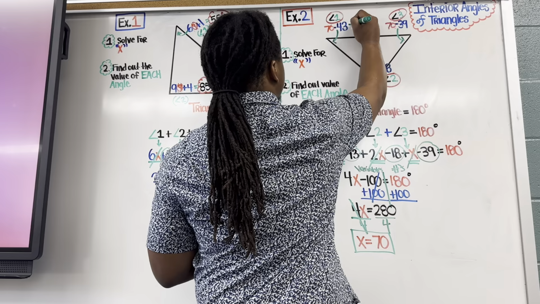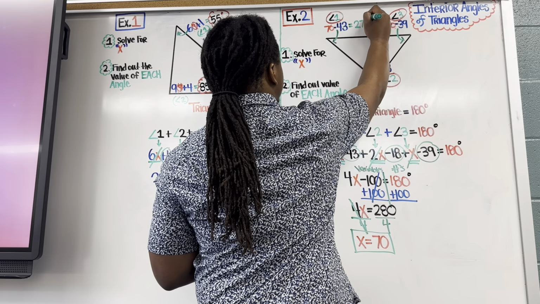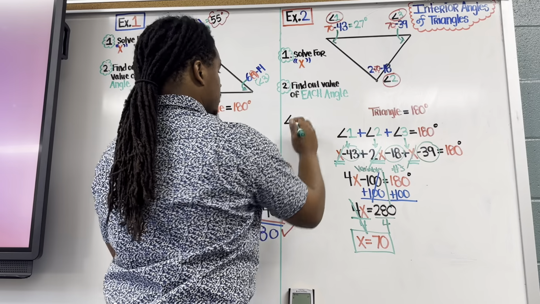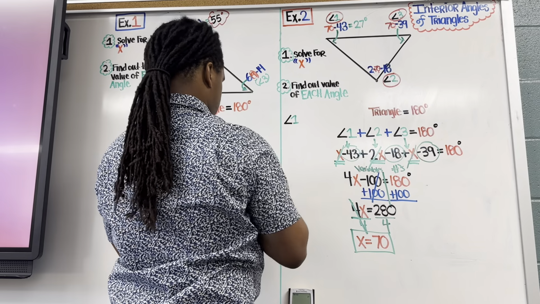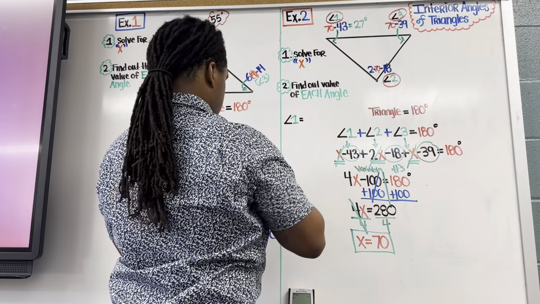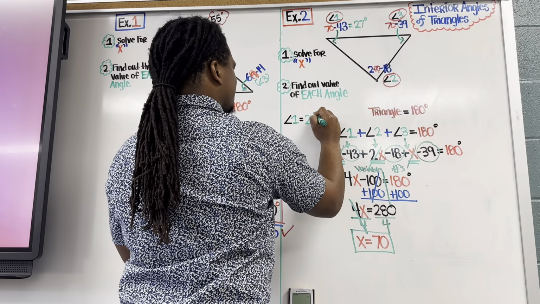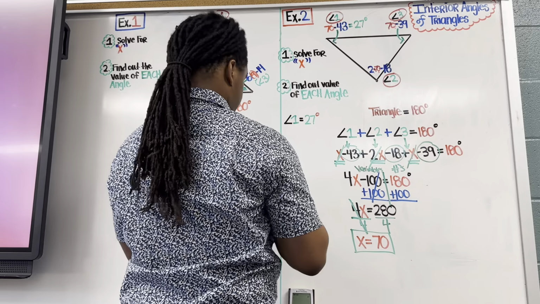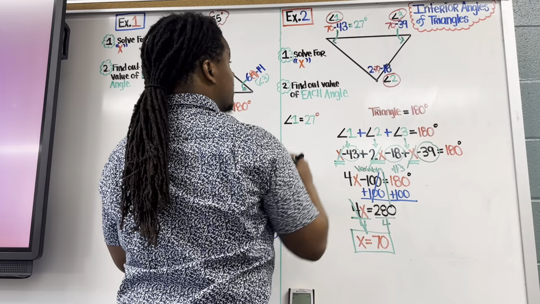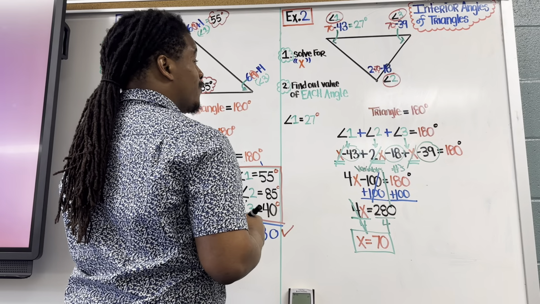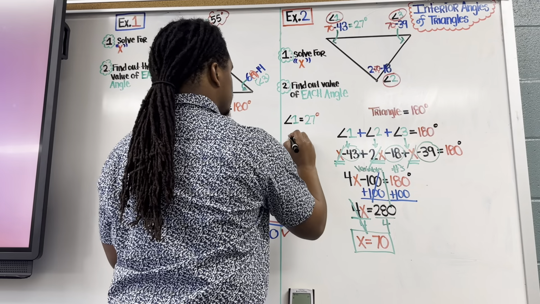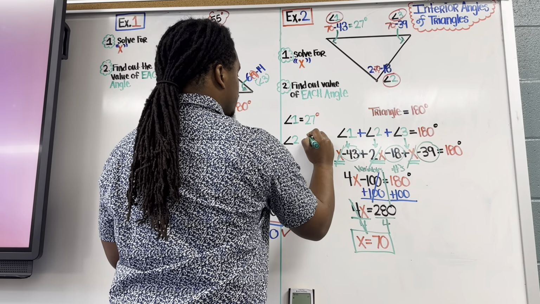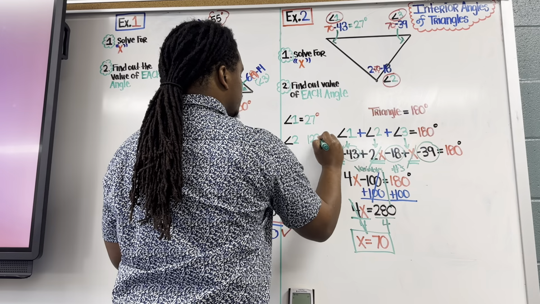So angle 1 equals 27 degrees. Okay? All right, angle 2 is 2 times 70, which is 140, and 140 minus 18 is 122, so angle 2 is going to equal 122 degrees.